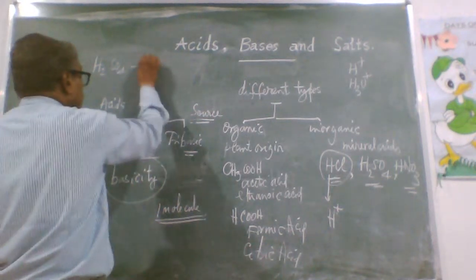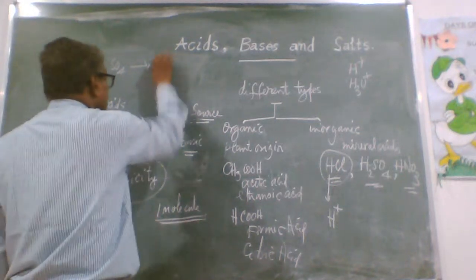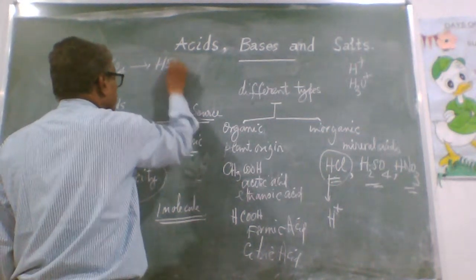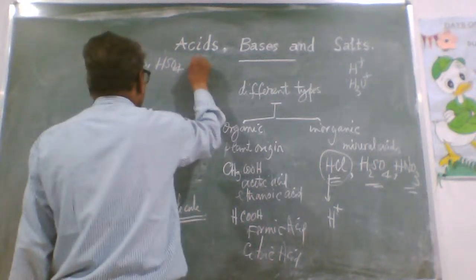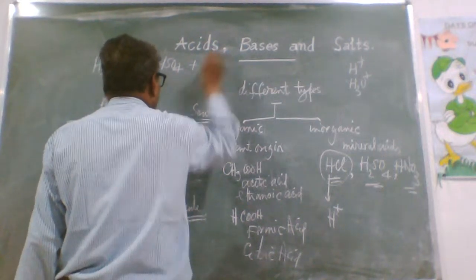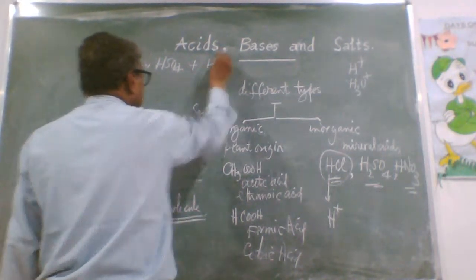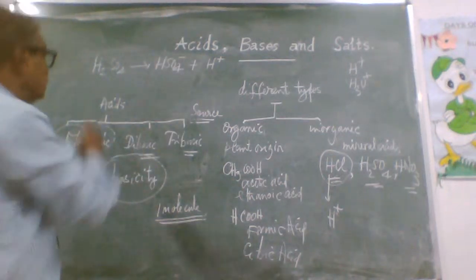When dissolved in water, it will first give HSO4 minus plus one hydrogen ion, H plus. That's how it will be written.